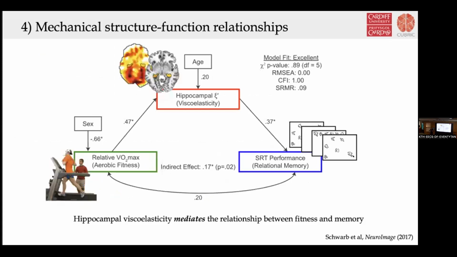Then again, Hillary in 2017 looked at the relationship between aerobic fitness and memory and found that hippocampal viscoelasticity played a mediating role between greater aerobic fitness measured with VO2 max and greater memory function using the same SR task. So these results suggest viscoelasticity may provide an imaging marker to examine the mechanisms behind this relationship between the two.